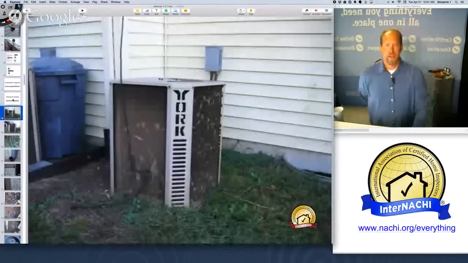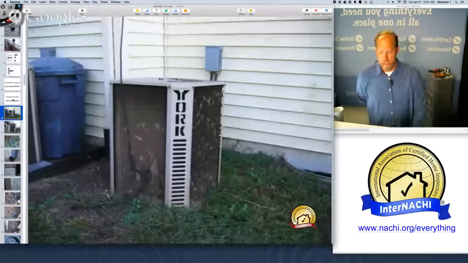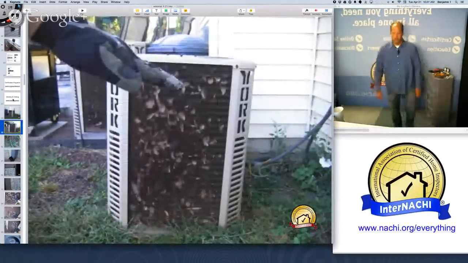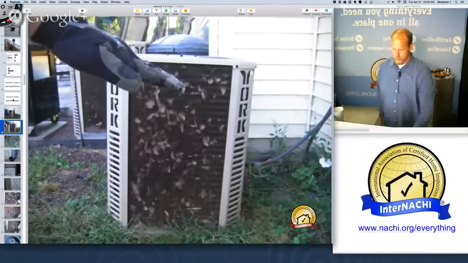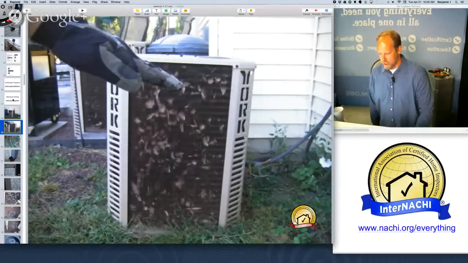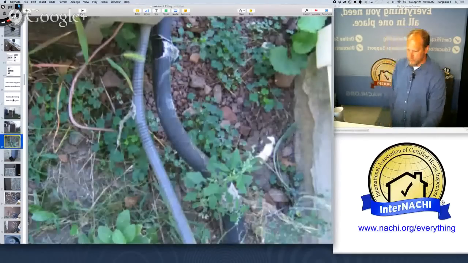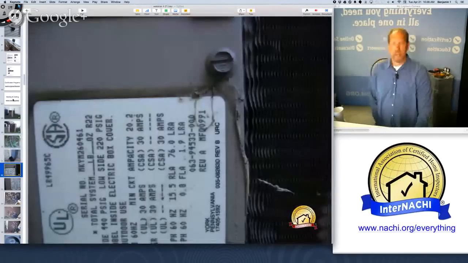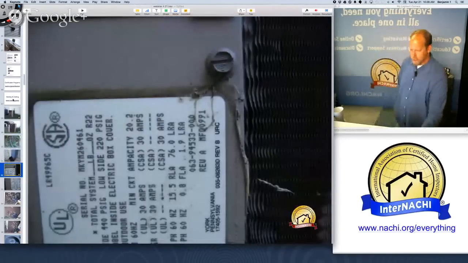Let's do heating and cooling. There's an air conditioner unit, compressor unit, condenser unit on the outside. It's really beat up, original to the house, 15 years old. All the fins have been hit by all kinds of toys, and it's off level. It should be leveled a little bit more. I take a look at the suction line, the refrigerant lines, the suction line and liquid line, and the electric disconnect should be in sight, within reach.